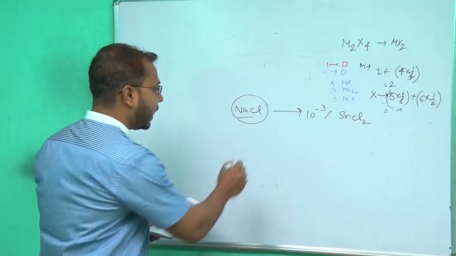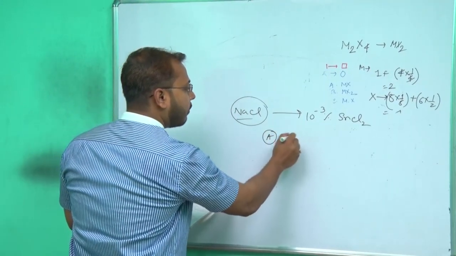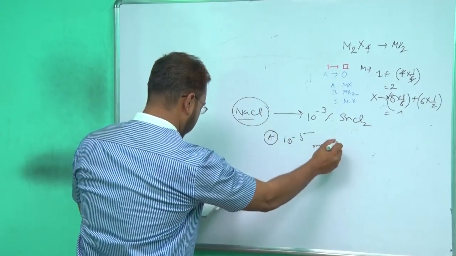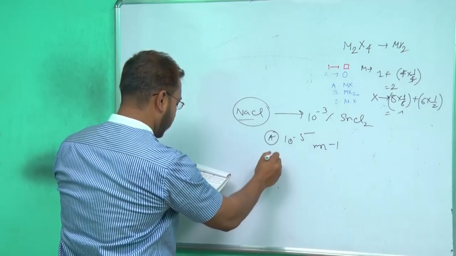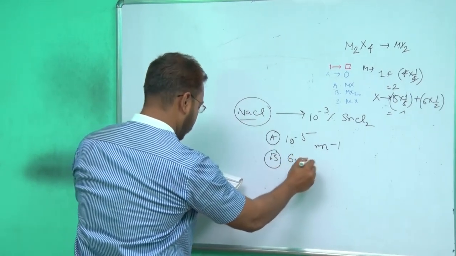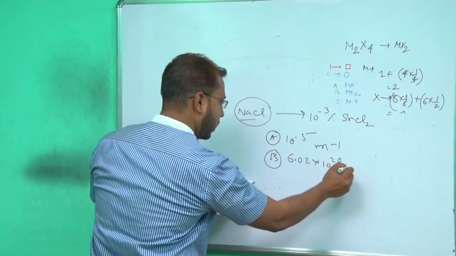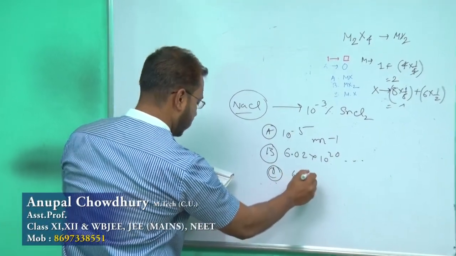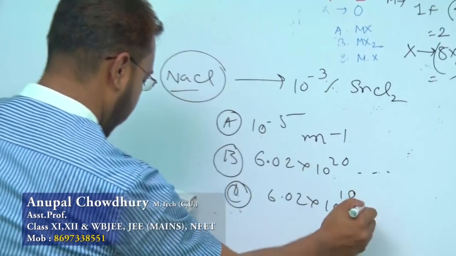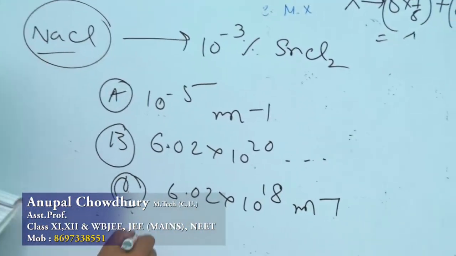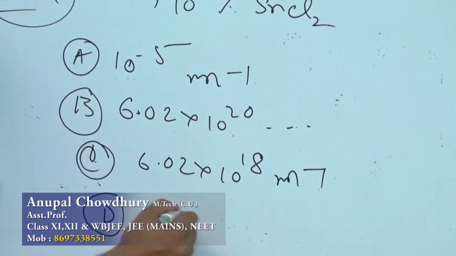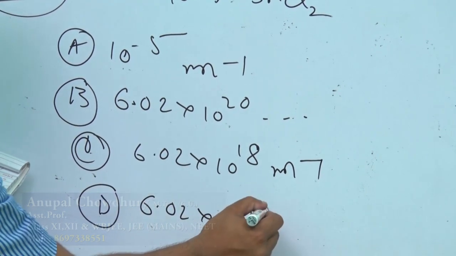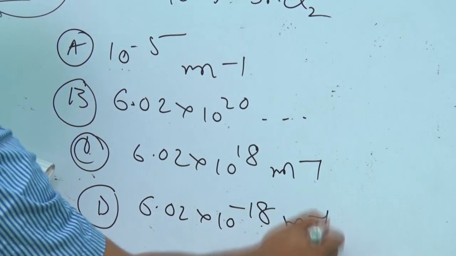Option A is 10 to the power 5 mole inverse, option B is 6.02 into 10 to the power 20 mole inverse, option C is 6.02 into 10 to the power 18 mole inverse, and option D is 6.02 into 10 to the power minus 18 mole inverse.